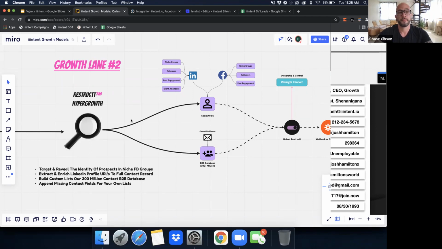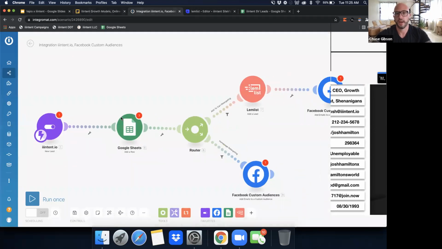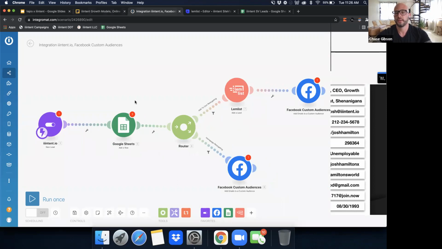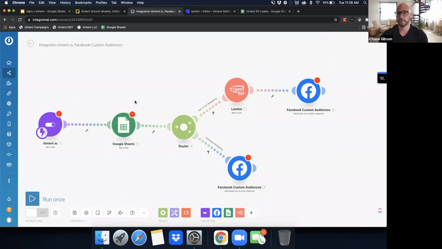Yeah, absolutely. The more data that you have, the better. And if you set this up, you can automate everything. The more site visitors you get and the more people that come to different pages, you can just keep pushing them into your campaigns and they'll literally keep getting better.